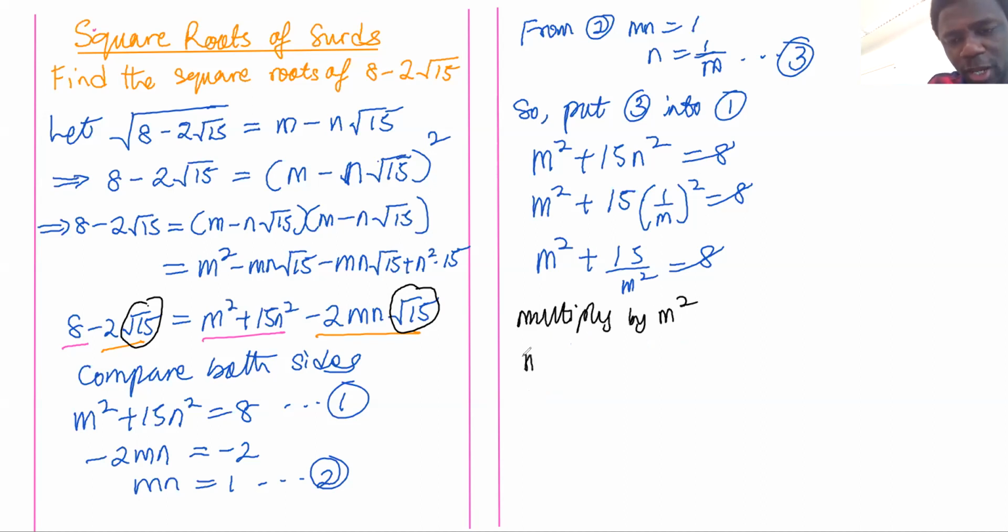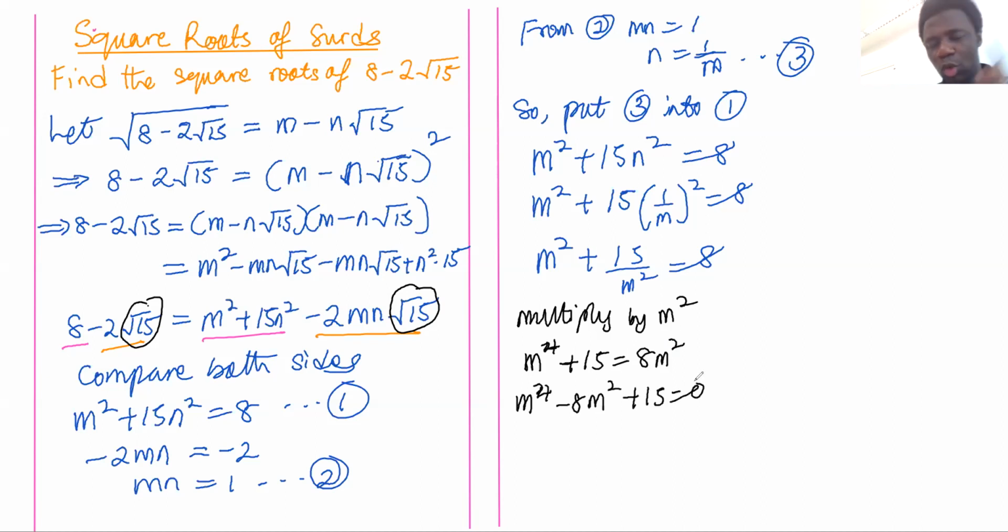So that gives m to the power 4 plus 15 equals 8m squared. Then you rearrange: m to the power 4 minus 8m squared plus 15 equals 0. You want it to be quadratic, but it's not looking quadratic. Then you can say m squared, squared, minus 8m squared plus 15 equals 0.